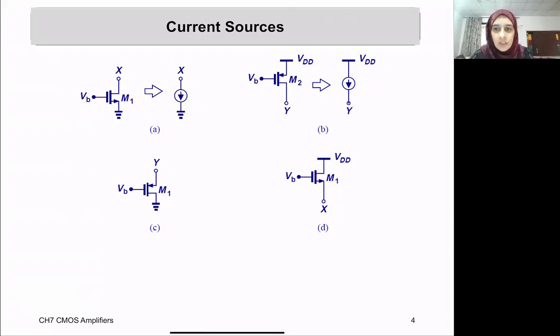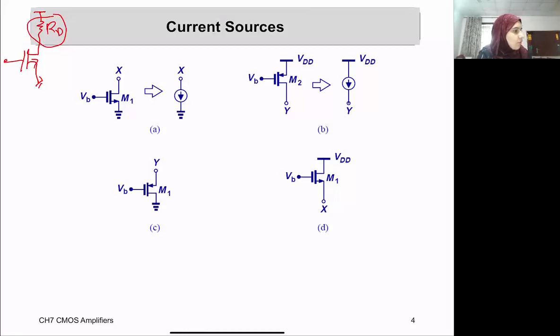So what is the solution? How can we solve this trade-off? We can basically replace this RD with a transistor that acts as a current source.